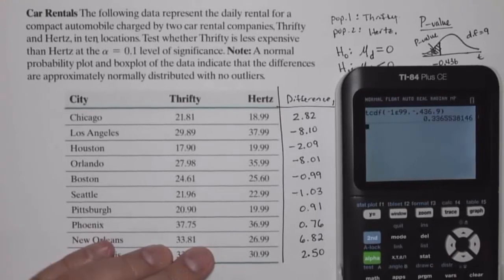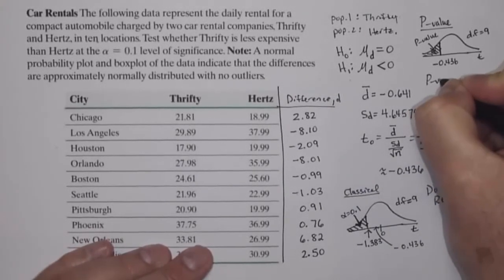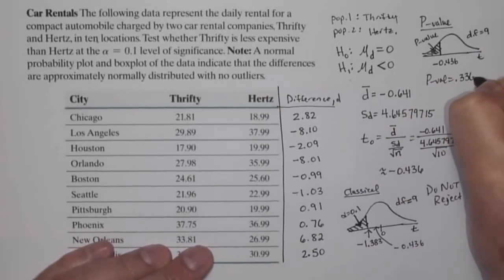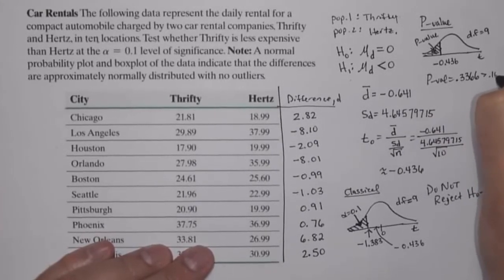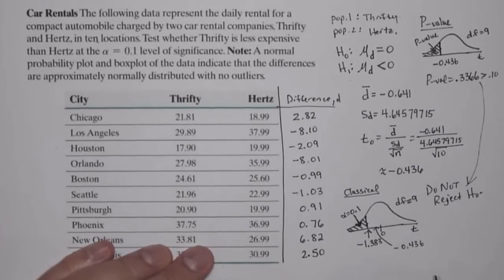If I paste, I get 0.3366 if I round to 4 places. So the p-value is equal to 0.3366. Now that is bigger than 0.10, so again that tells me do not reject the null hypothesis.